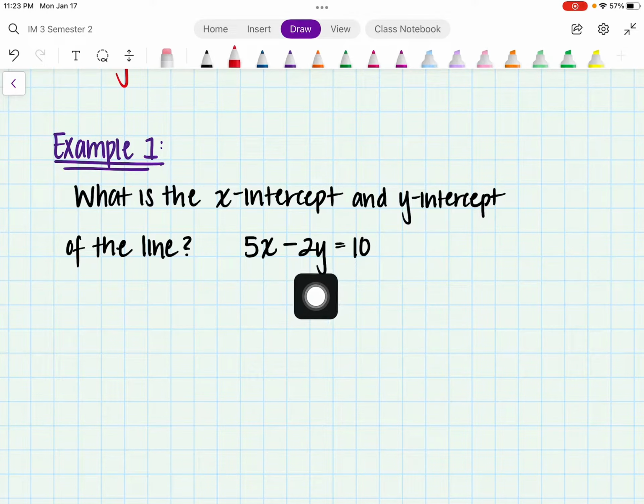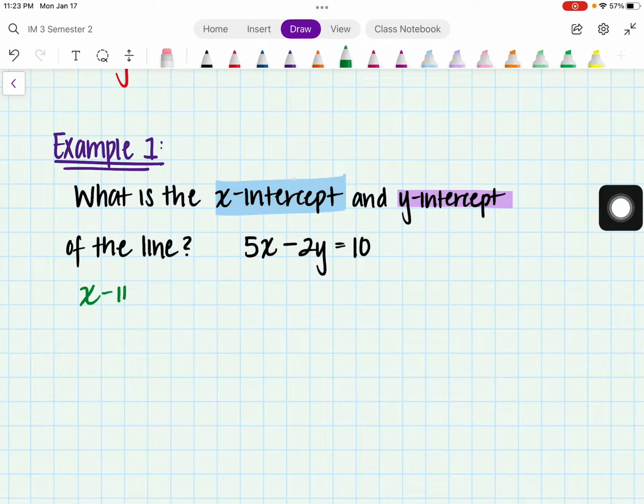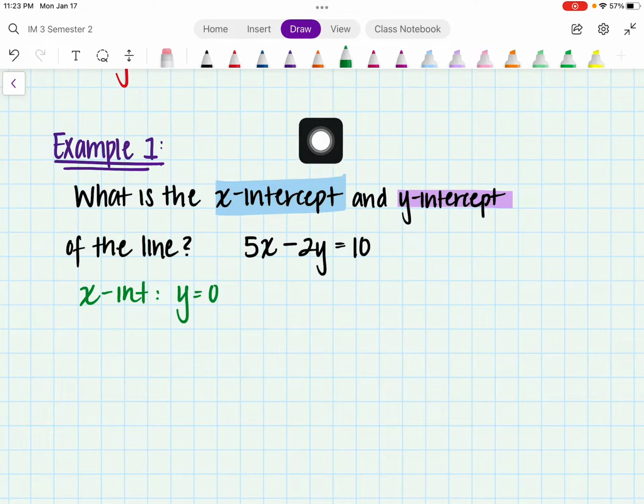Starting off with example 1, what is the X-intercept and Y-intercept of the line 5x minus 2y equal to 10? Our goal is to find the X-intercept and the Y-intercept. Starting off with the X-intercept, once again, if we want to find it, we have to make y equal to 0.